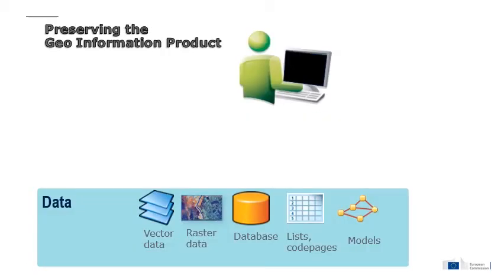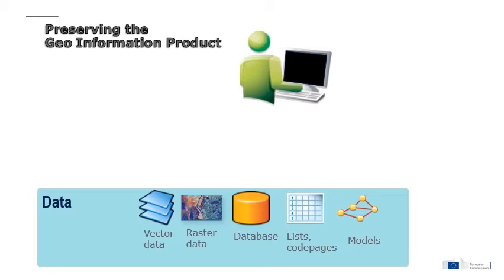Okay, so to explain the structure of content of these specifications, let me first say what the general idea is. We want to preserve the way and the content needed to produce an information product.